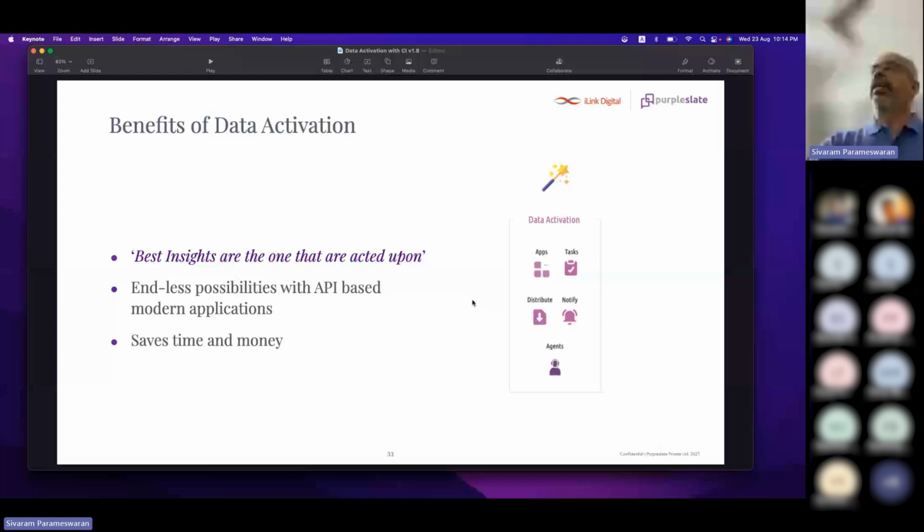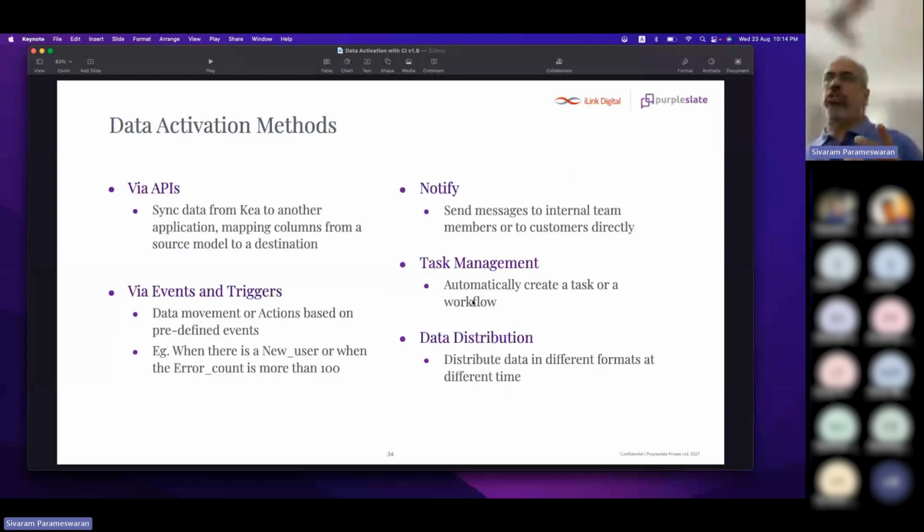The key benefit of data activation is the second point. With almost every application today available as an API, you have so many possibilities for integrating them, right? There are various ways you can do it: via APIs, event triggers, notifications.